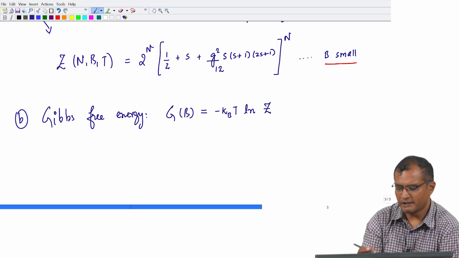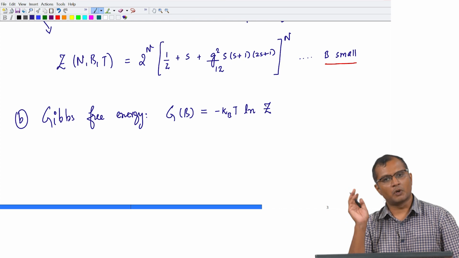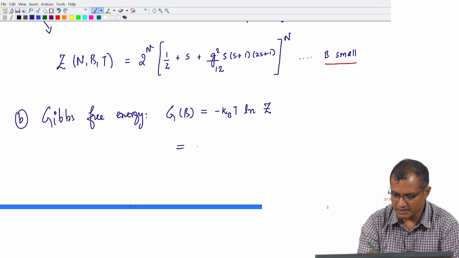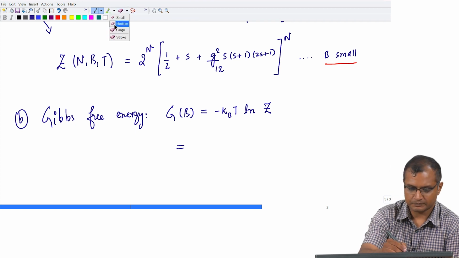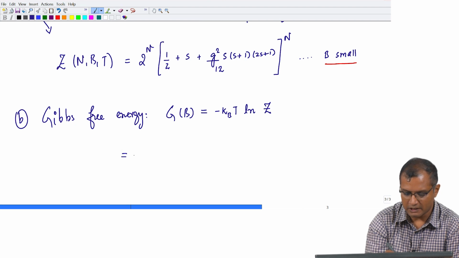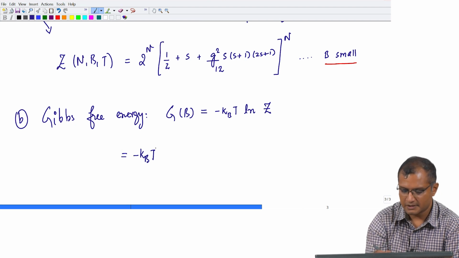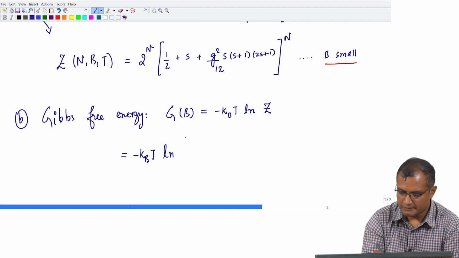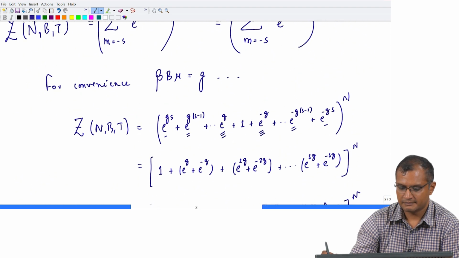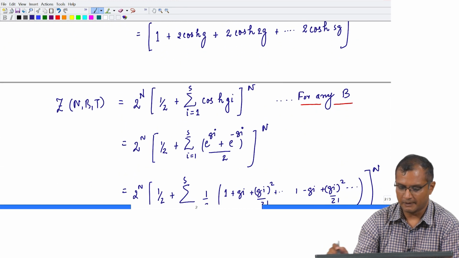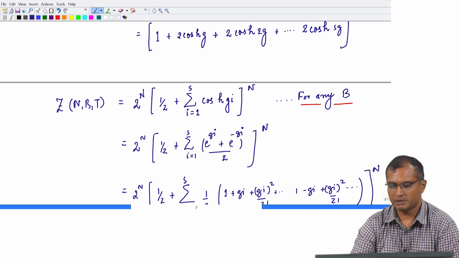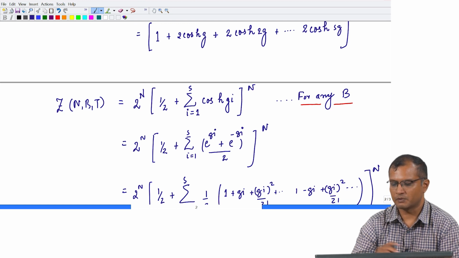Now, we will do it again for an arbitrary field and small field. So for the Gibbs free energy, I can simply use this value of our general partition function, 2 raised to n into 1 by 2 plus summation cosine hyperbolic g i.